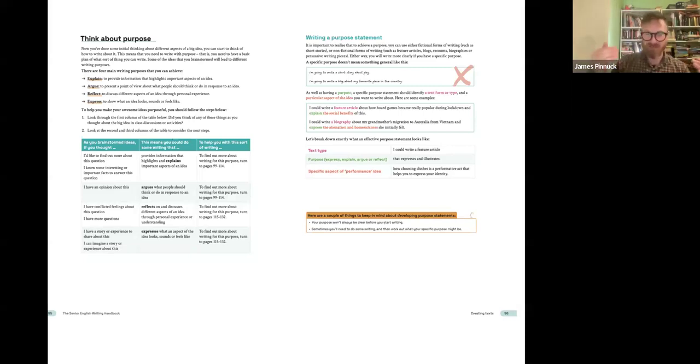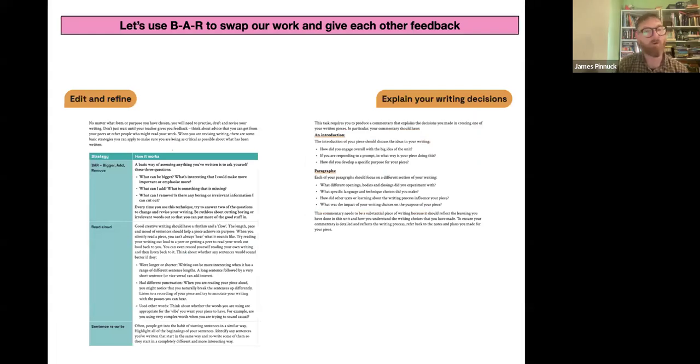And page 96 breaks down how to do that, and you can get kids to write out a specific purpose statement, and with that specific purpose statement in mind, they can have a go writing a second draft, or first draft, using BAR or some of the other strategies we outline in the edit and refine section, to think about what they can change about their draft to make it better and to meet what their purpose statement is. So kids have a go doing that, and they polish up their piece.